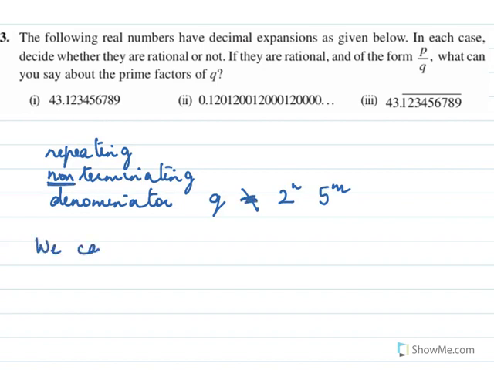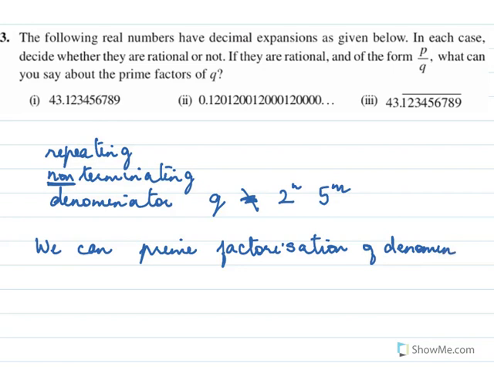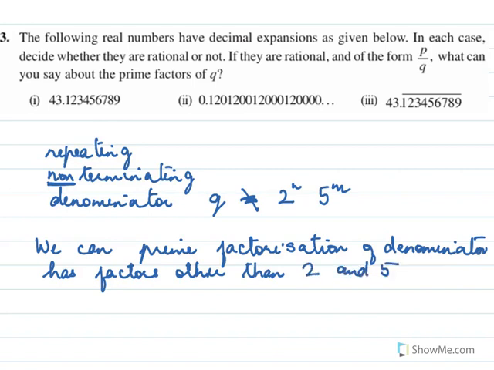So we can say the prime factorization of the denominator has factors other than 2 and 5.